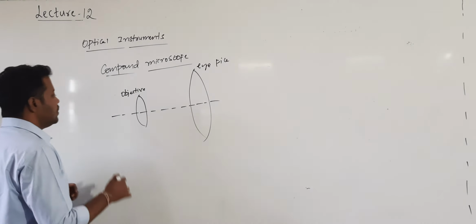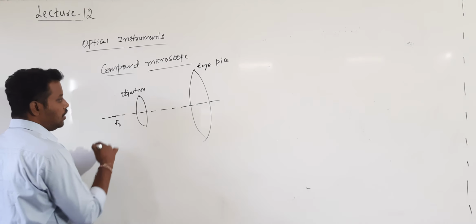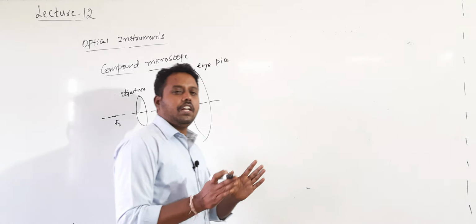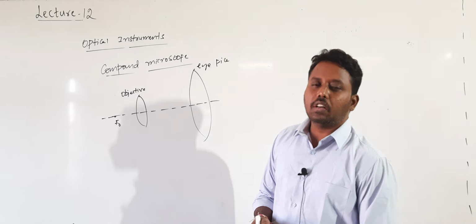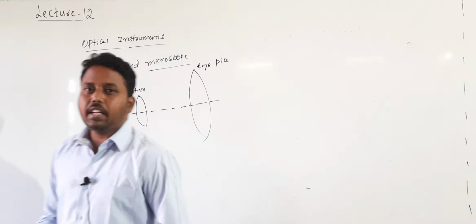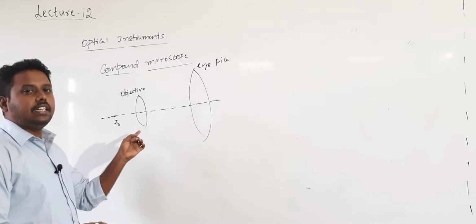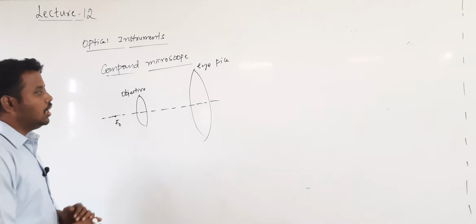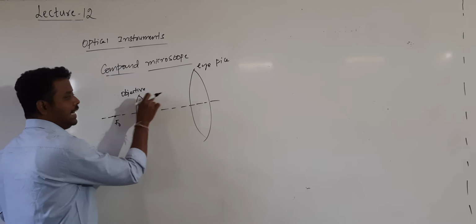Okay? So both will be there. Now, the principal focus is f0. What I want to derive here is only for your examination point of view, the ray diagram is important, and you need to know the magnification formula. In this magnification also, we will use two cases: the image at infinity and the image at the least distance of distinct vision. It consists of a system of two lenses.